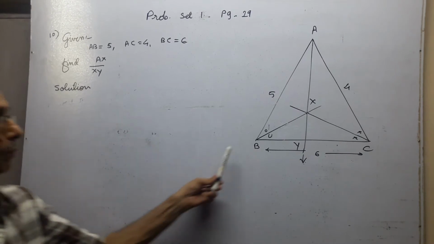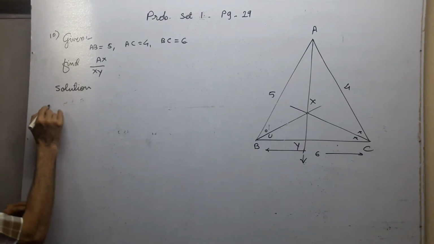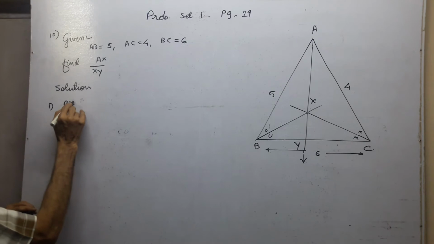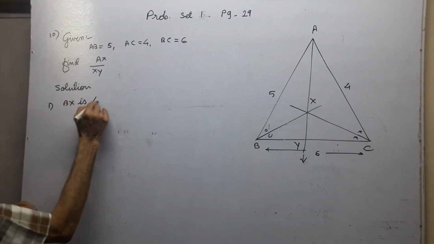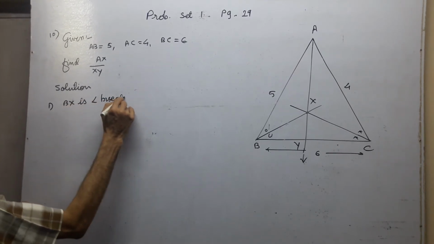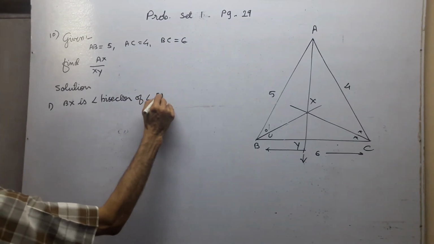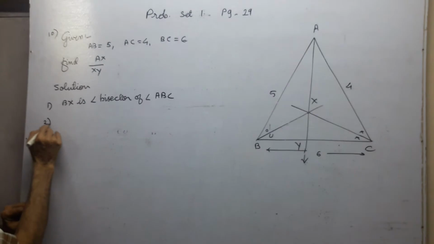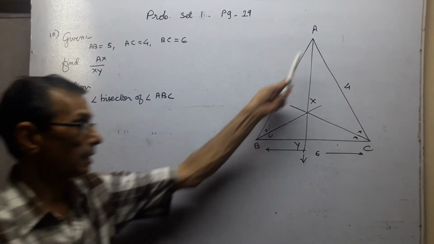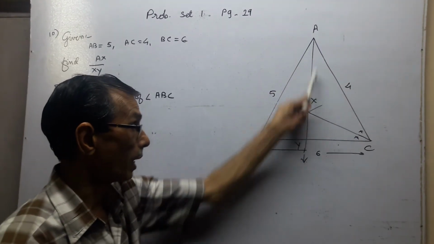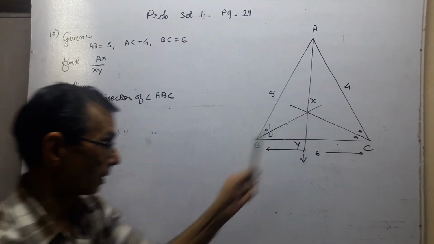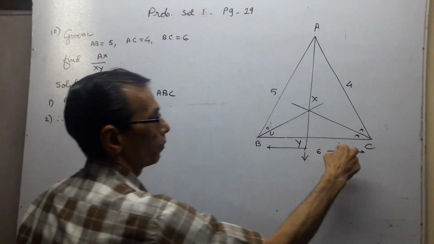Solution. We know that BX is an angle bisector. So first, BX is angle bisector of angle ABC, and therefore in triangle ABY, BX is angle bisector of angle ABY, or we can say ABC.